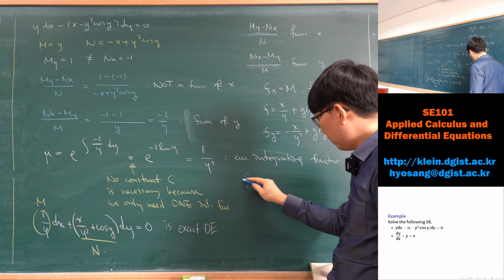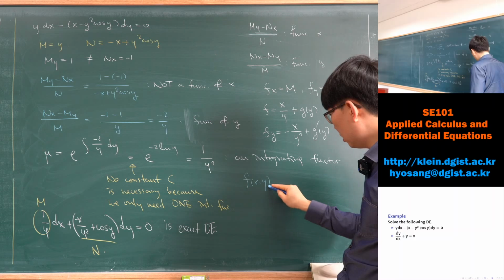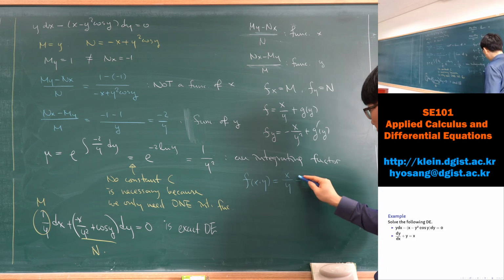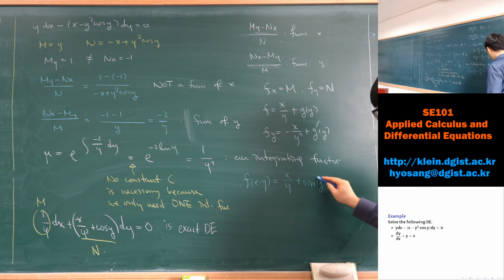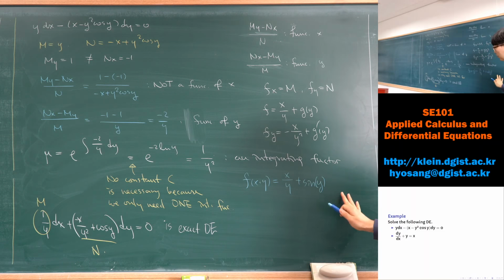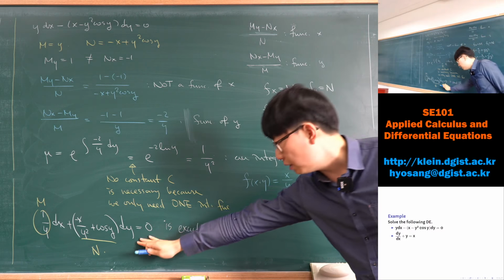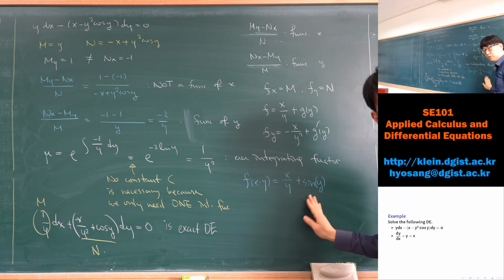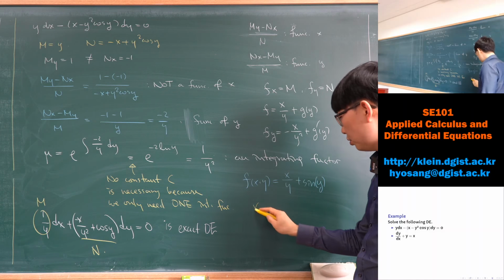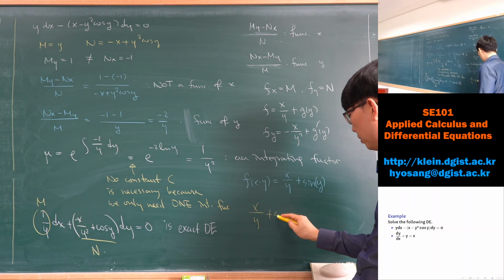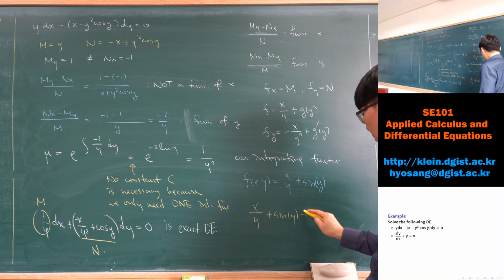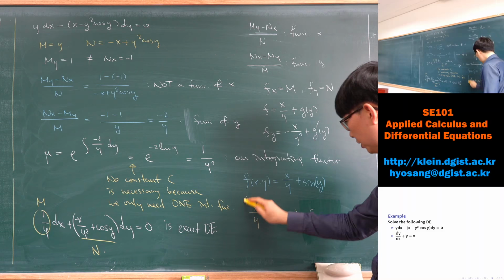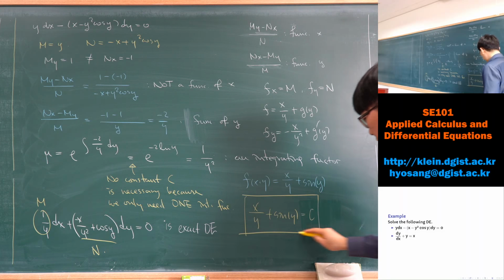So f(x, y) equals x over y plus sine y is one example whose total differential is this exact differential equation. So what's the solution? This is not the solution yet. The solution is x over y plus sine y equals C, where C is an arbitrary constant.